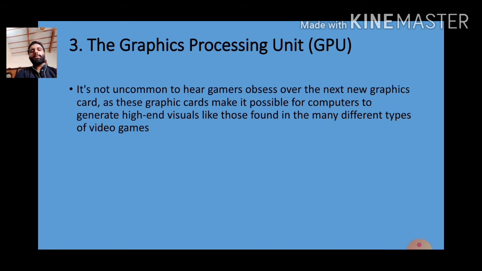The third one is the graphics processing unit. We can call it GPU. What it is: it is a graphics card, as these graphics cards make it possible for a computer to generate high-end visuals like those found in many different types of video games.